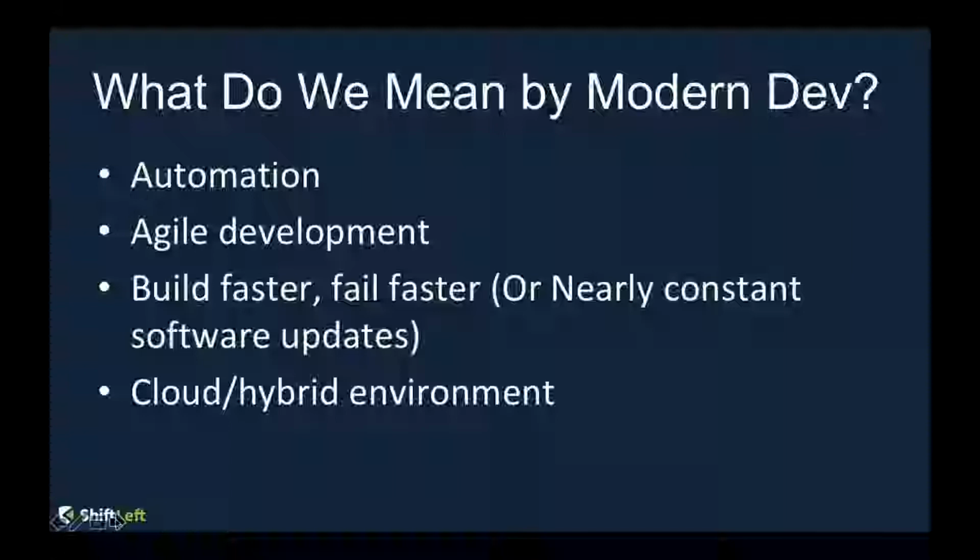So you can go to a phase of agile development where your developers can focus on building new features and their features can go live soon after they've stopped working on them. Build faster, fail faster, which is being able to run automated tests against a new build.